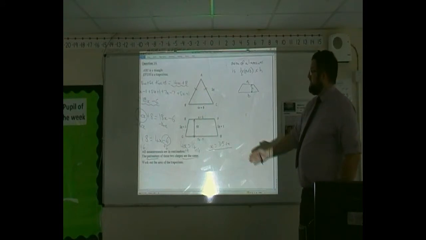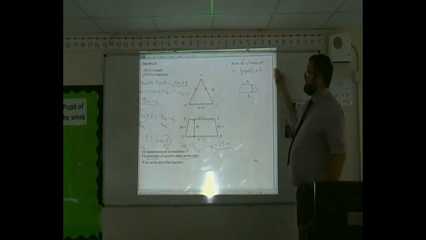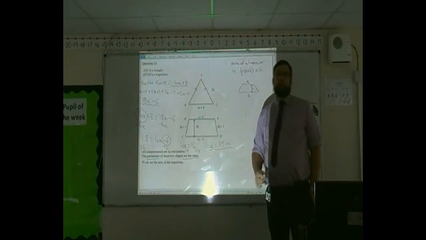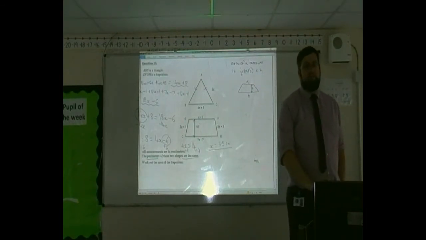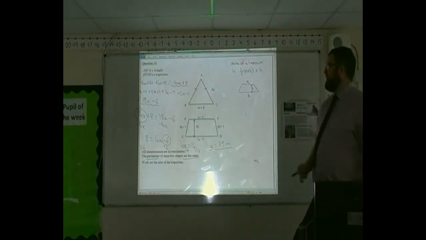What I now need to do is use that in this, substituting it into here, using the area of a trapezium formula, and calculating the area of that trapezium.